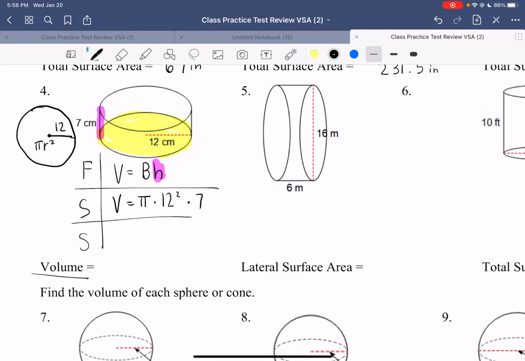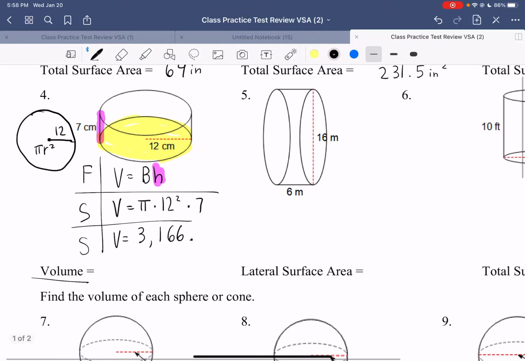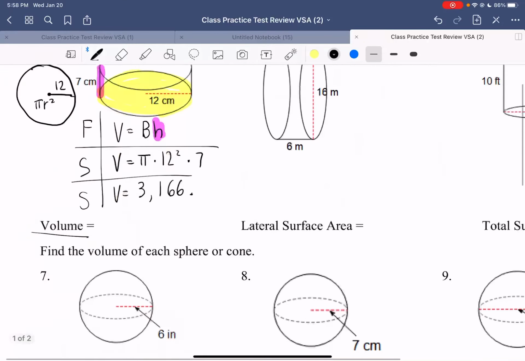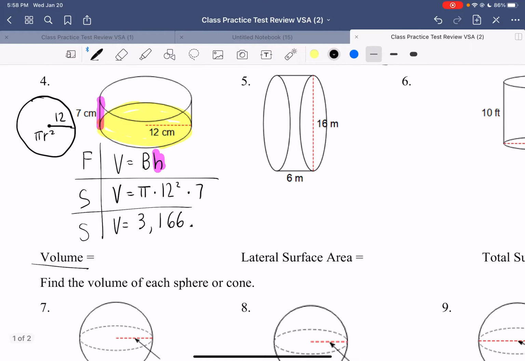So pi times 12 squared times 7 leads us to a volume of 3,166.7, and that's going to be centimeters cubed.